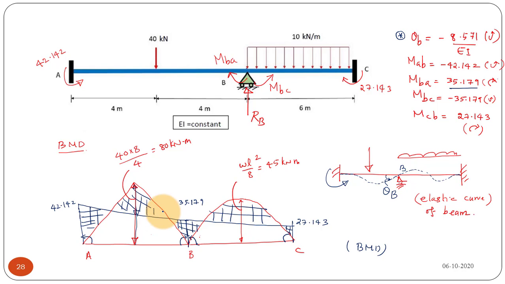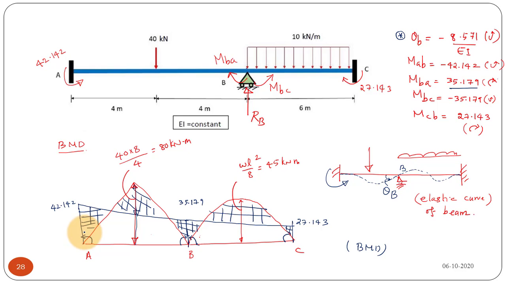This moment diagram we can also draw in the other way. So it is like this. This is your first span AB, and this is your second span BC. Here at A we have the hogging moment. In the continuous beam, all the supports will have a hogging moment.